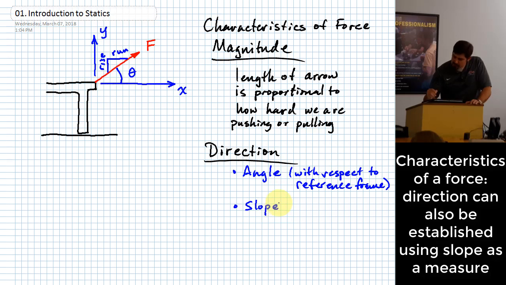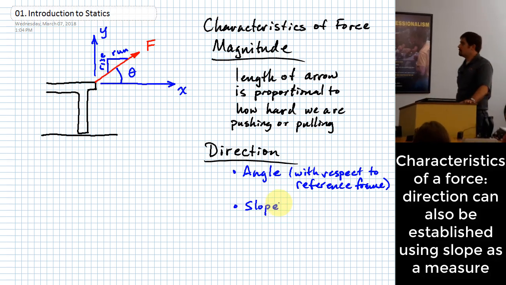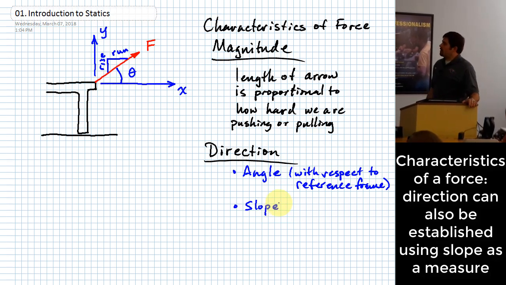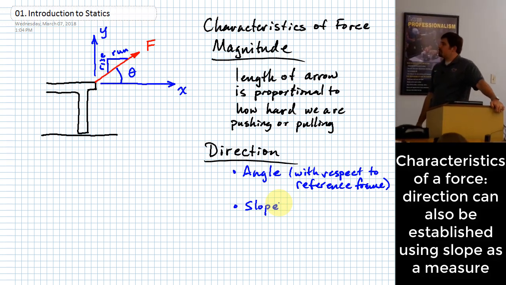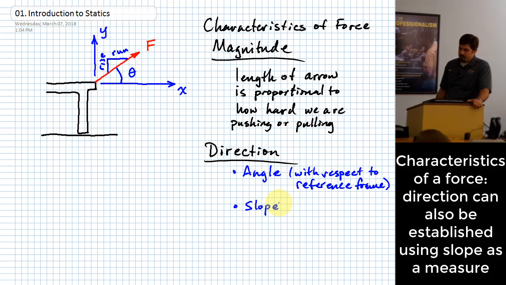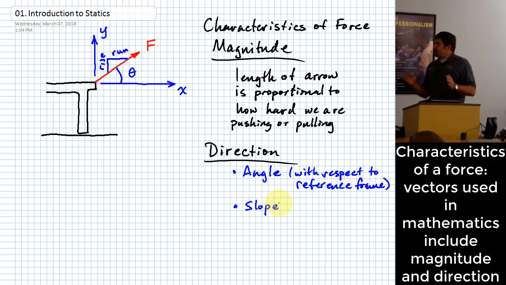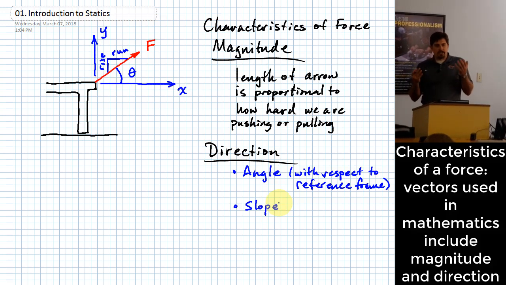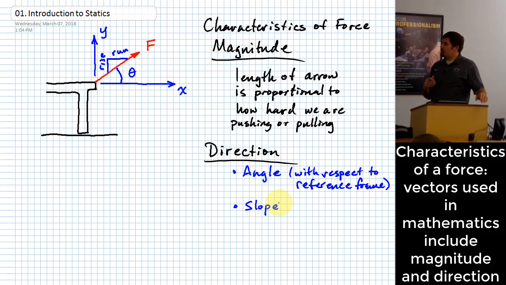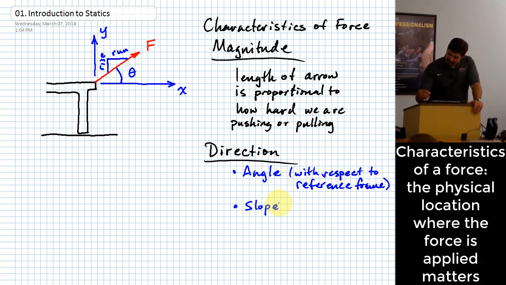This is the idea of a slope. All right, so these are kind of the two big ways that we establish directionality of a force. All right, and actually, these are the two big characteristics of a vector: magnitude and direction. We have a third one that we have to use whenever we think about a force, and that is point of application.